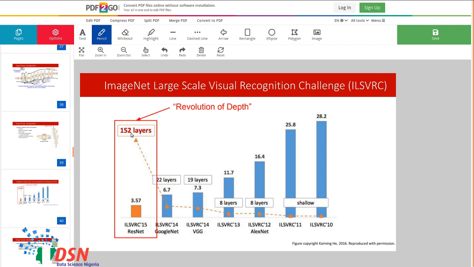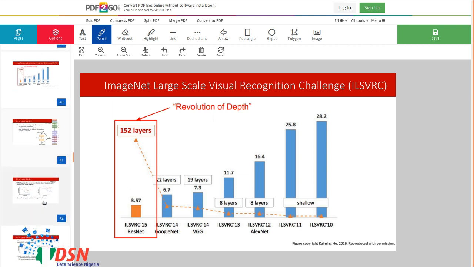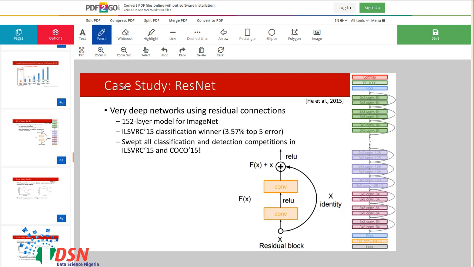But for ResNet we have 152 layers, which is a lot. But let's see how we could train this model and why it is so important to be able to train this model.